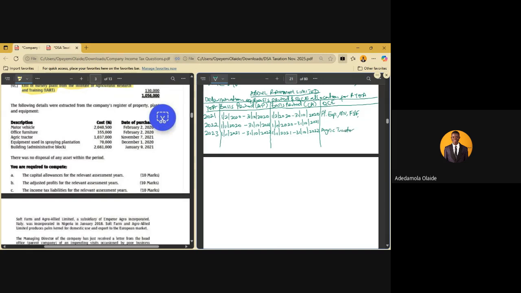Then we have equipment used in spraying plantation. That's plantation equipment, December 2020. That will fall here. Then we have building, January 9, 2021. That will also fall into the second year.